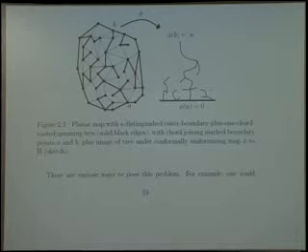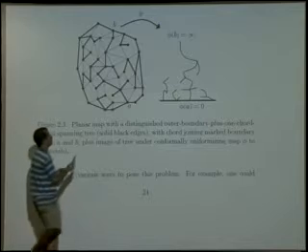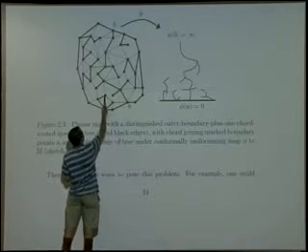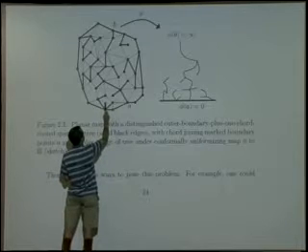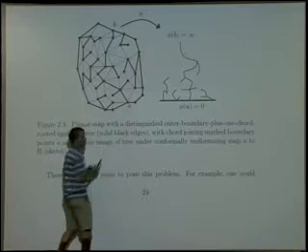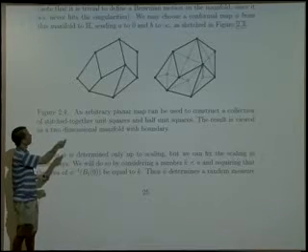I mean, there's one sort of canonical way of doing this, which is to replace each edge with the unit square, where the unit square has one vertex for each endpoint and one vertex for each face. So that's shown here. There's one canonical way.